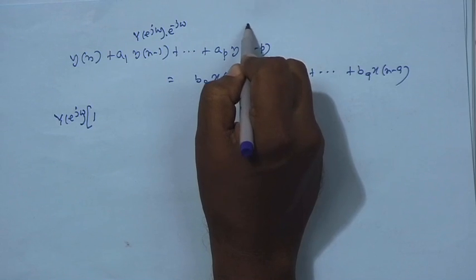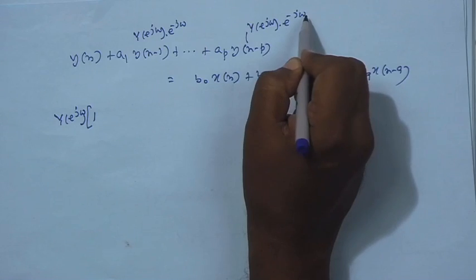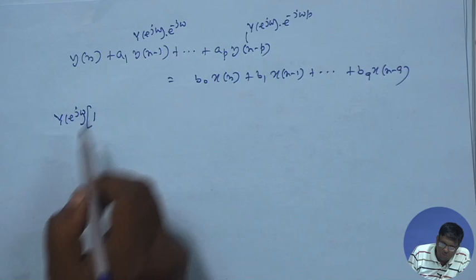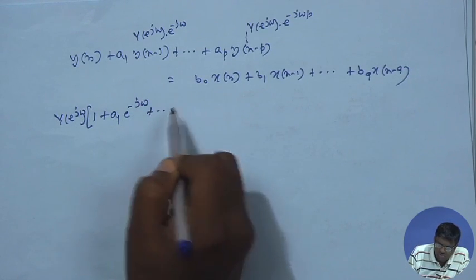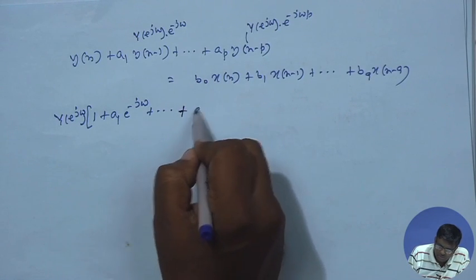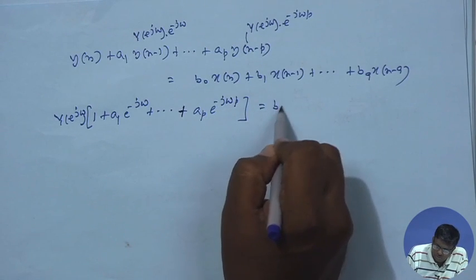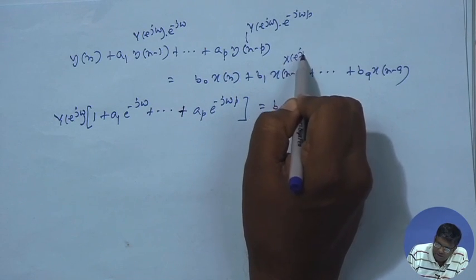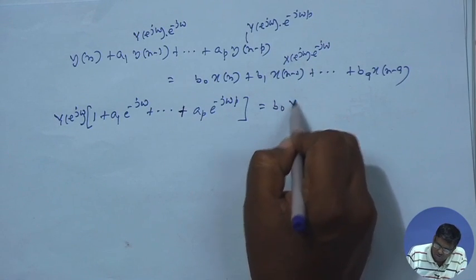This will be original times e to the power minus j omega, instead of k it is p. So, p, and same on this side. So, from all of them I take Y e to the power j omega common. So, 1 plus a 1, and here capital X e to the power j omega. Then this is capital X e to the power j omega into e to the power minus j omega, because k is 1. So, so on and so forth.